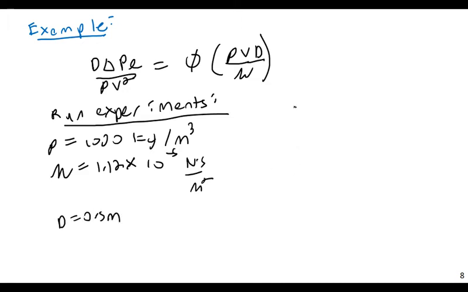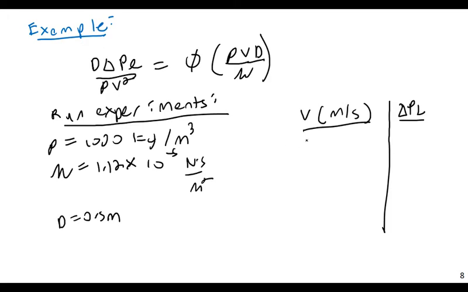And then I have a pipe that I put varying velocities through, and I get the following data. These are going to be constant throughout the trials, but I'm going to alter the velocity and measure a change in pressure, delta PL.